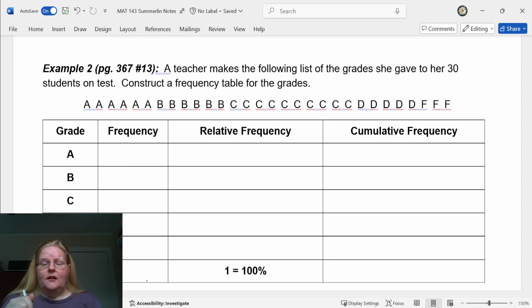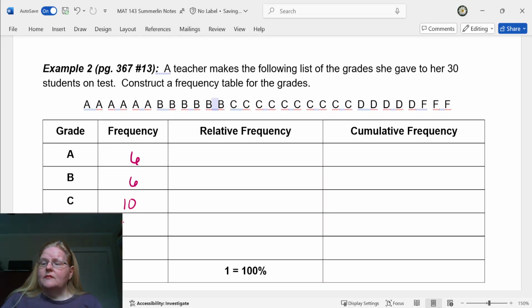In the second column, we have the frequency, which is how often they got those grades. So how many A's did we end up with? Well, we got 6 of them. How many B's? Well, there are 6 of those. How many C's? 10 of those.